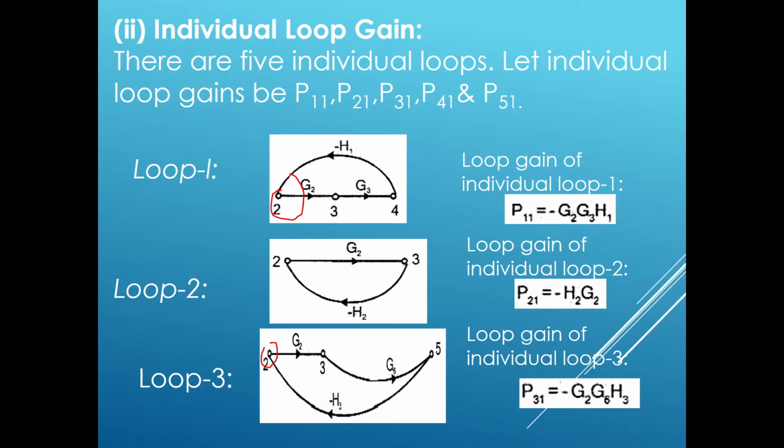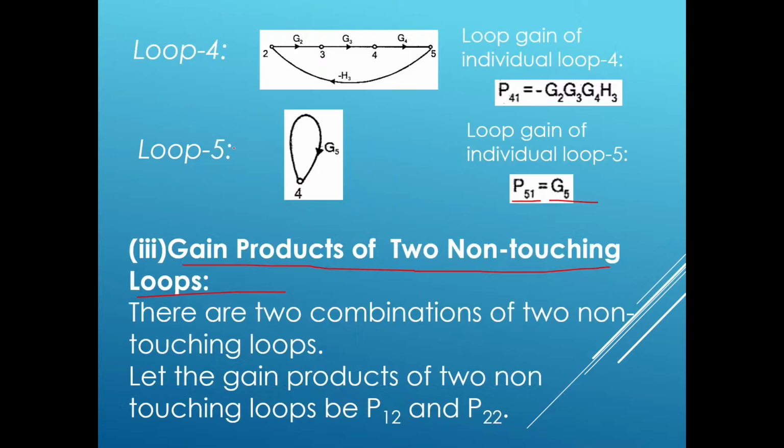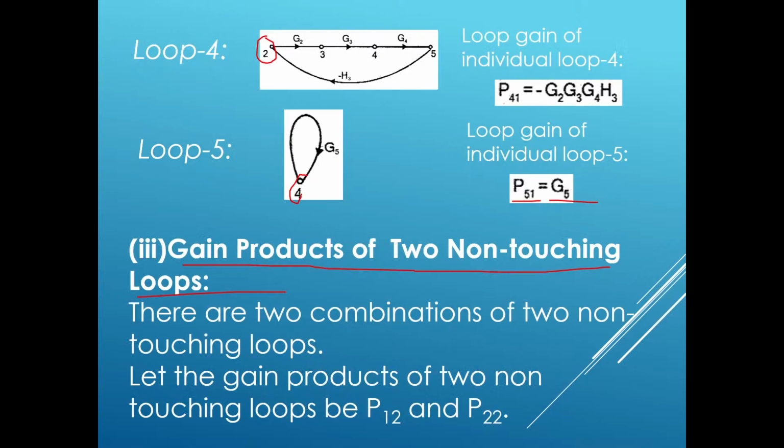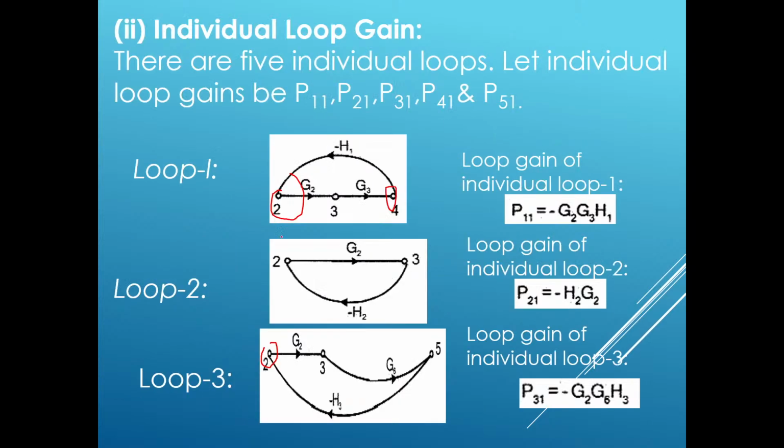Node 2 is there in loop 4, so it is also not non-touching. Compared with loop 5, node 4 is there here also, so loop 1 is not non-touching to the other loops.